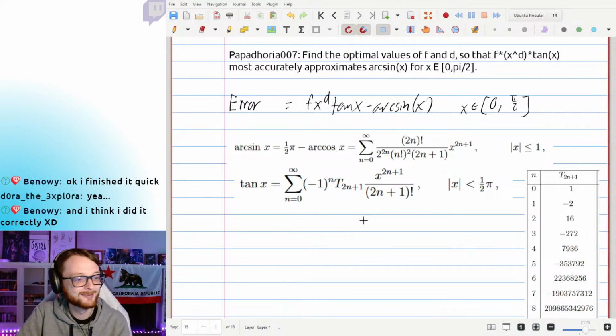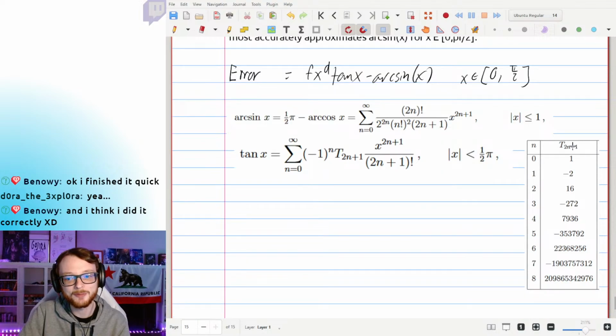So wait, this is alt. Oh no, the triangular numbers, or the tangent numbers, are alternating, but this undoes the alternation. Is that what's happening? Disgusting.